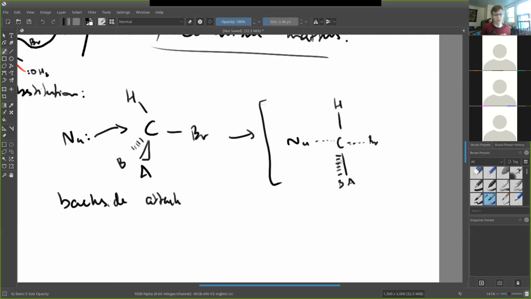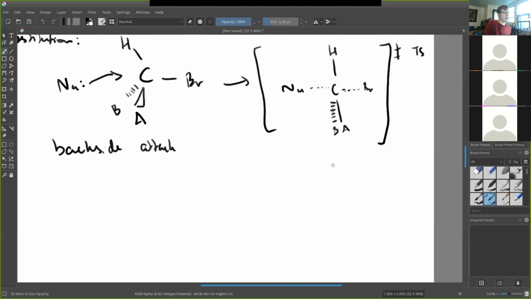Everything else is flipped. And this is the transition state, so I'll mark it with TS, right? The standard analogy here is that it's like an umbrella that's flipping inside out, okay? There has to be some point where the umbrella is totally flat, okay?